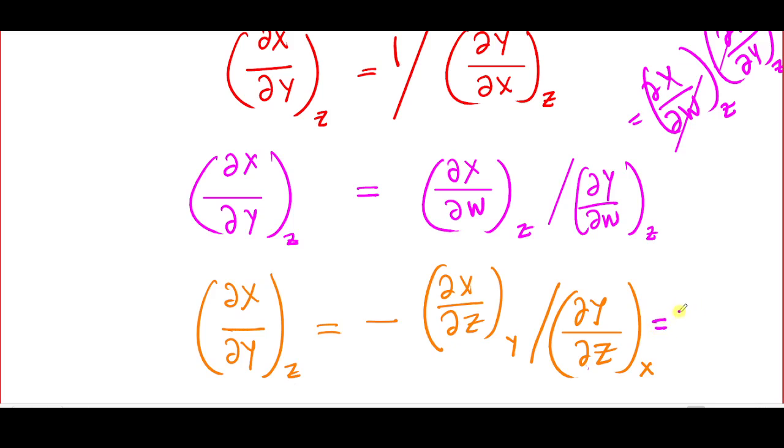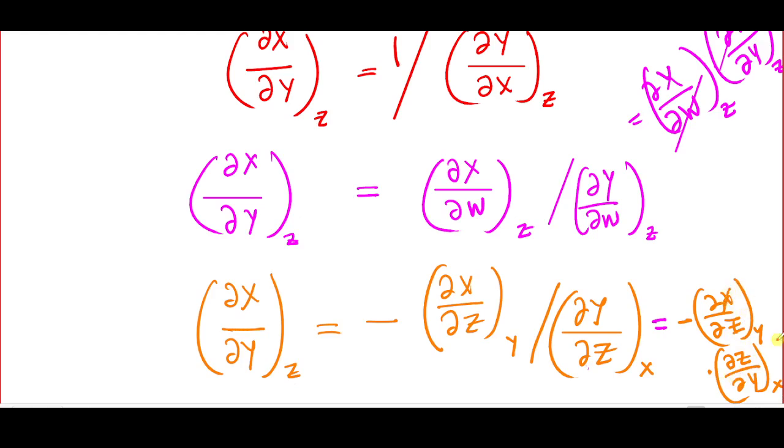Of course, this also can be written down in the form minus del x del z at constant y times del z del y at constant x, or as minus del z del y at constant x divided by del z del x at constant y.